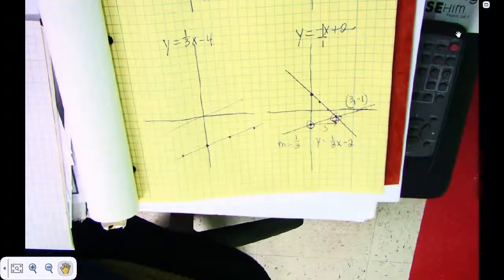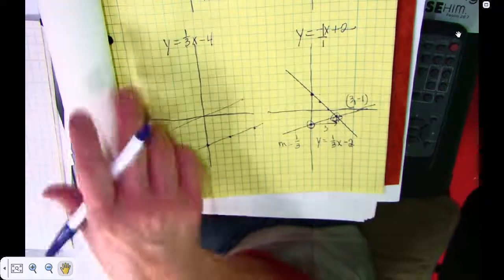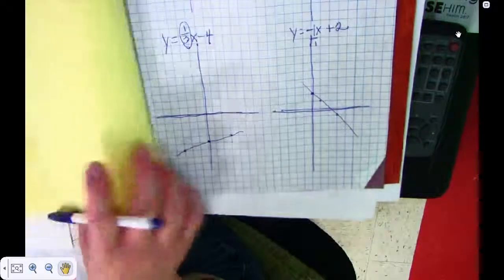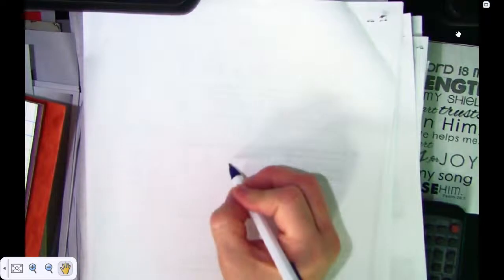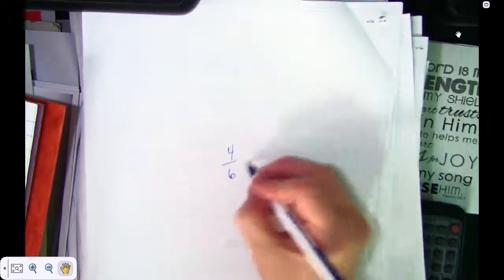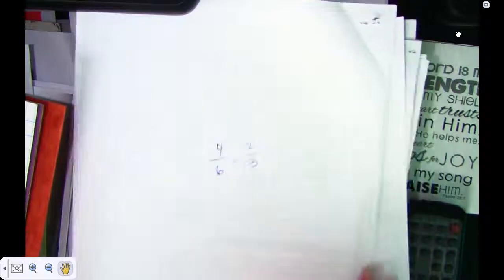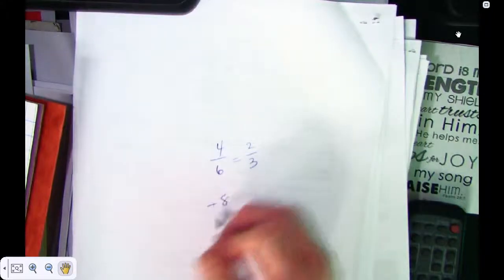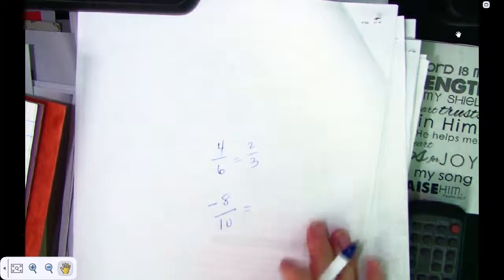Seems like there was one more thing I needed to tell you. Oh, we worked on this yesterday. But reducing, guys, look, reducing. What if I had 4 over 6? 2/3. What if I had negative 8 over 10?